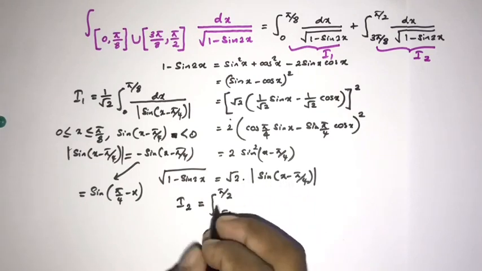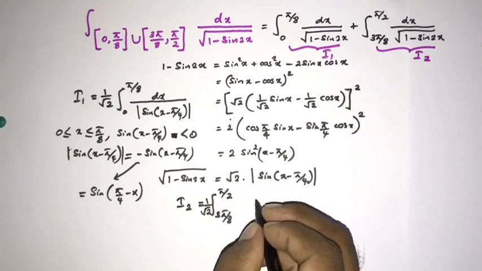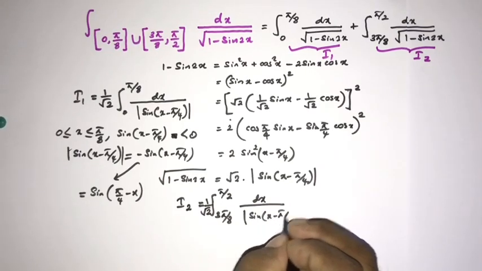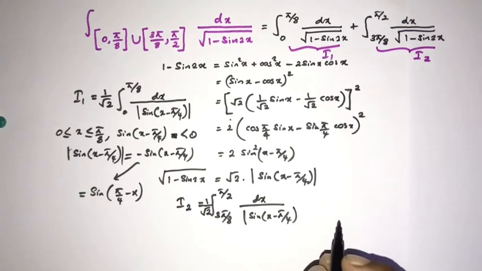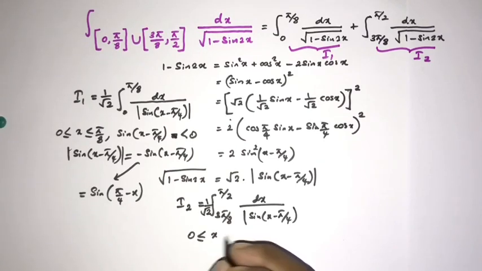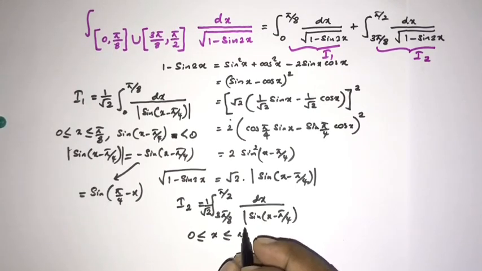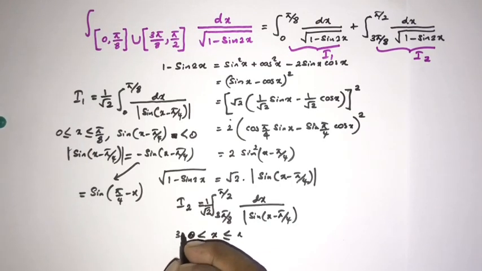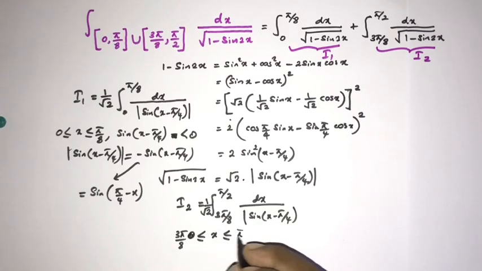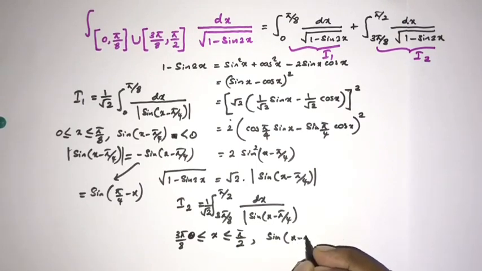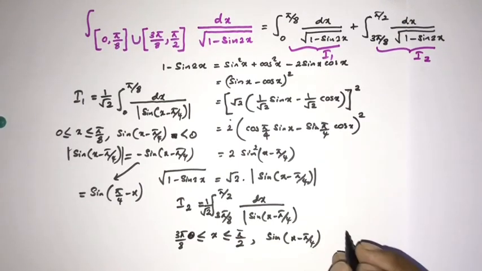Here also we have the square root of 2, so 1 over square root of 2, dx over the absolute value of sine of (x minus π/4). Now in this range, 3π/8 to π/2, sine of (x minus π/4) is always greater than 0.